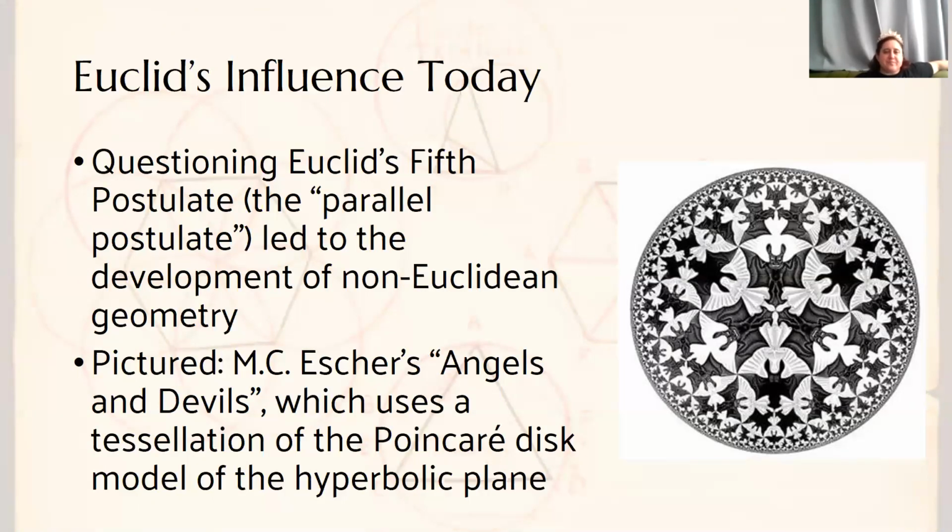But one of the beautiful things that's come out of the discovery of hyperbolic geometry is the art of M.C. Escher. This illustration I've put here is his work, Angels and Devils. It is drawn on a representation of the hyperbolic plane, which is called the Poincaré disk model. The way that it works is that the entire universe is now contained in this disk, and it's got a hyperbolic local geometry.